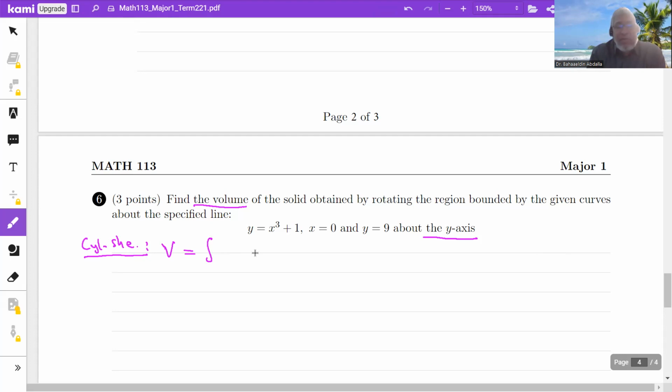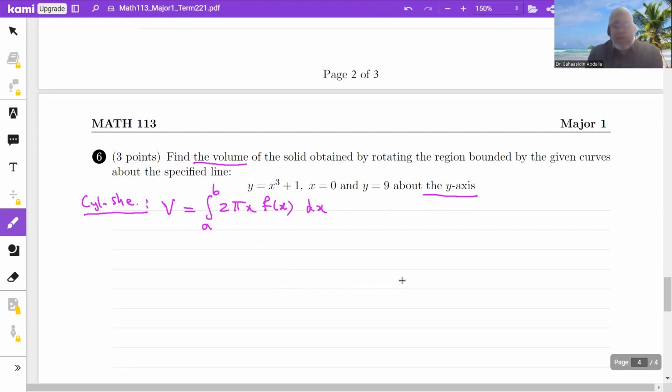So the volume would be integral 2 pi x f of x dx and x from a to b, where x is the radius of the cylindrical shell and f of x is the height. That's the cylindrical shell formula method. Well, I need to sketch the graph of the area.